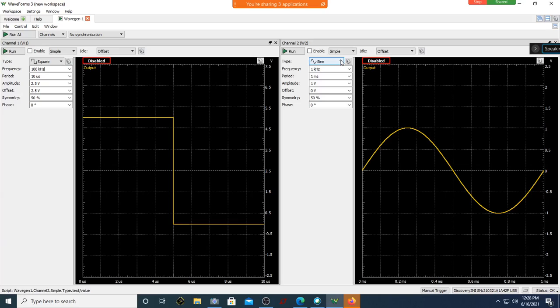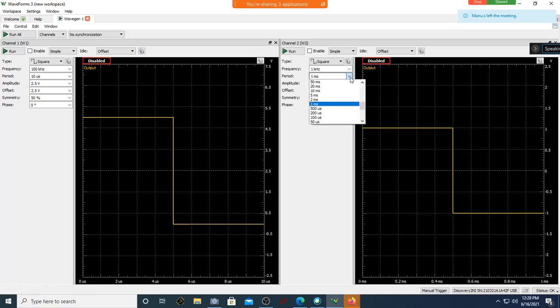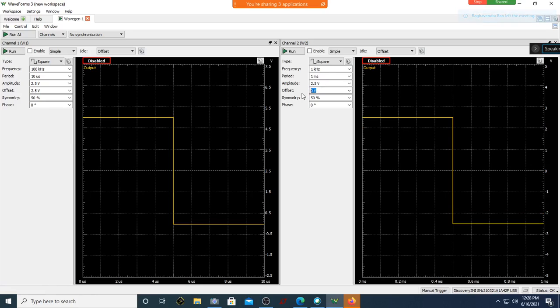And I have one more square wave for start of conversion. Let us take it as 1 millisecond or 1 kilohertz. Let me again take it as 2.5 volt amplitude, and the offset also 2.5 volt. What is the point of making it 2.5, 2.5?